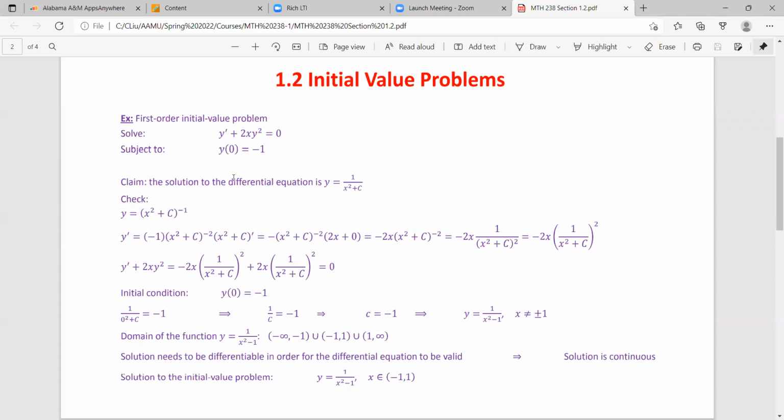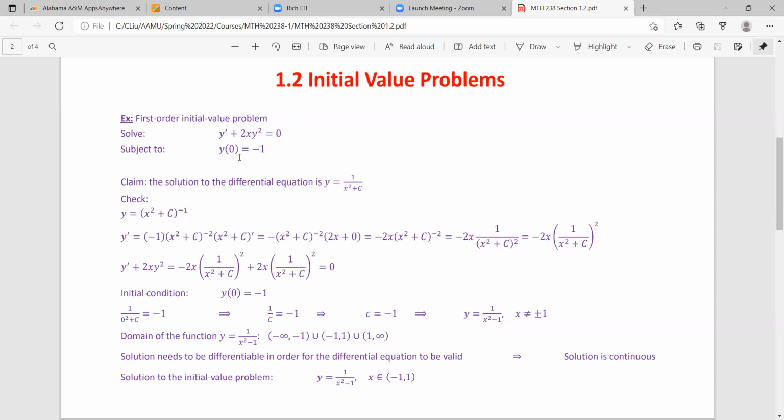It says y0 equal to -1, so x equal to 0 is included in the domain. So the solution to the problem only includes the part in the middle from -1 to 1, where the function is continuous and differentiable. The other two parts on the left and right are not part of the solution because we have some discontinuous parts, right?